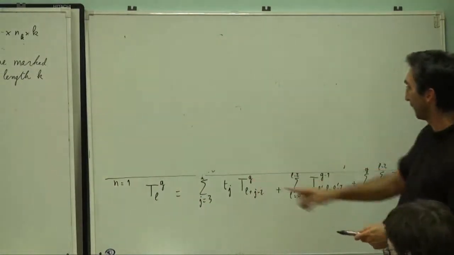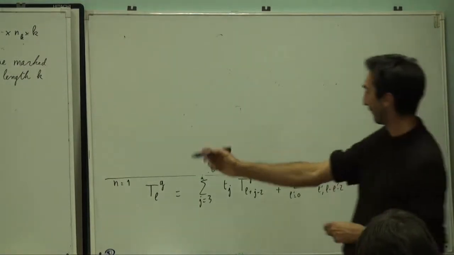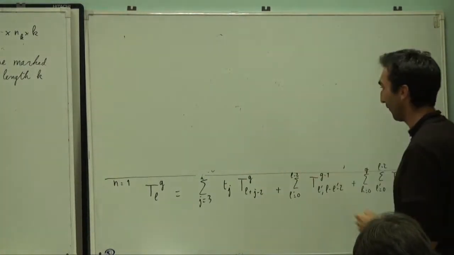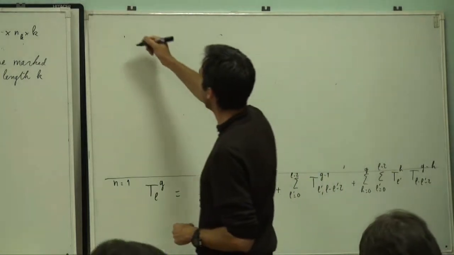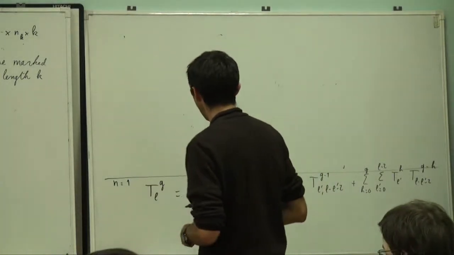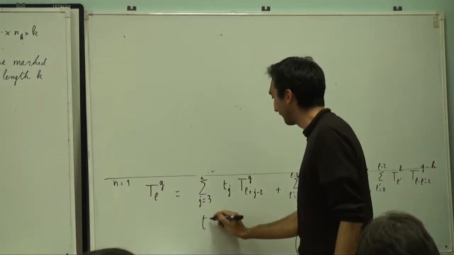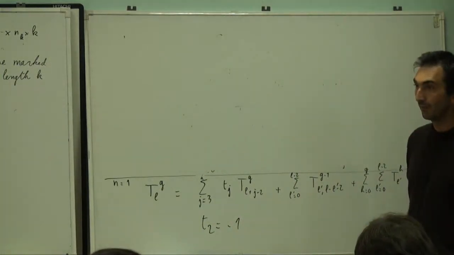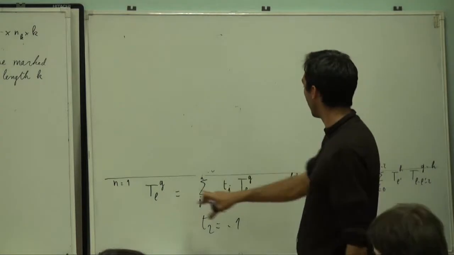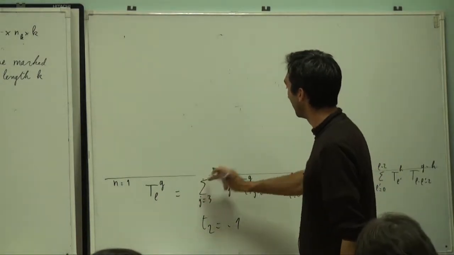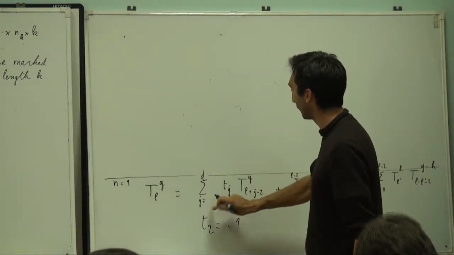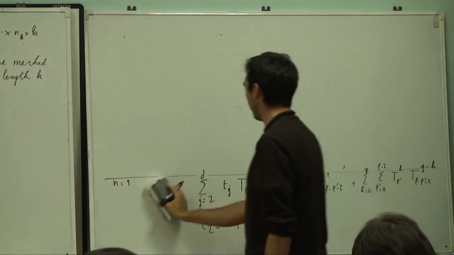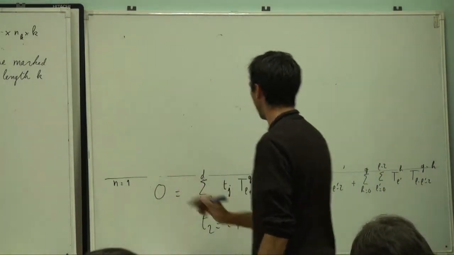So take this relationship and just replace. Here we get, and also let me introduce the notation t_2 equals -1, so that this term is just a special case of that. But now let me start with 2, and I put this one on the other side and get 0.